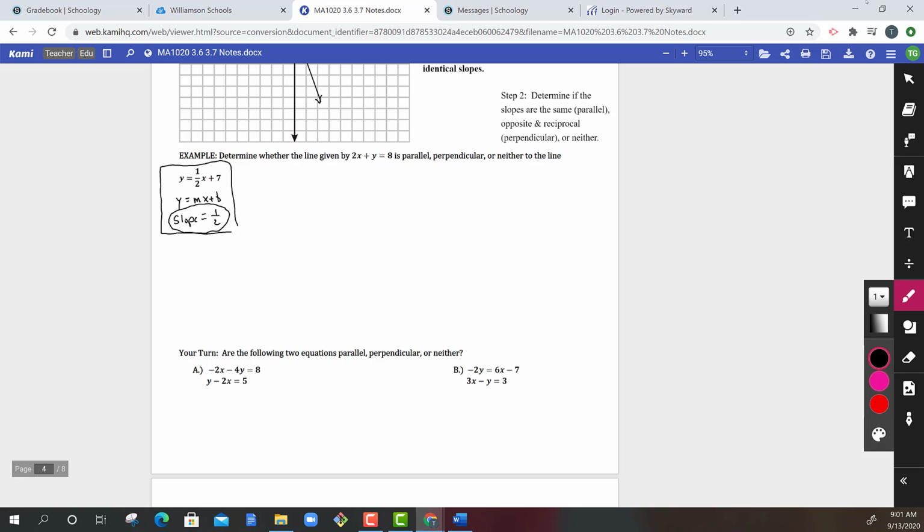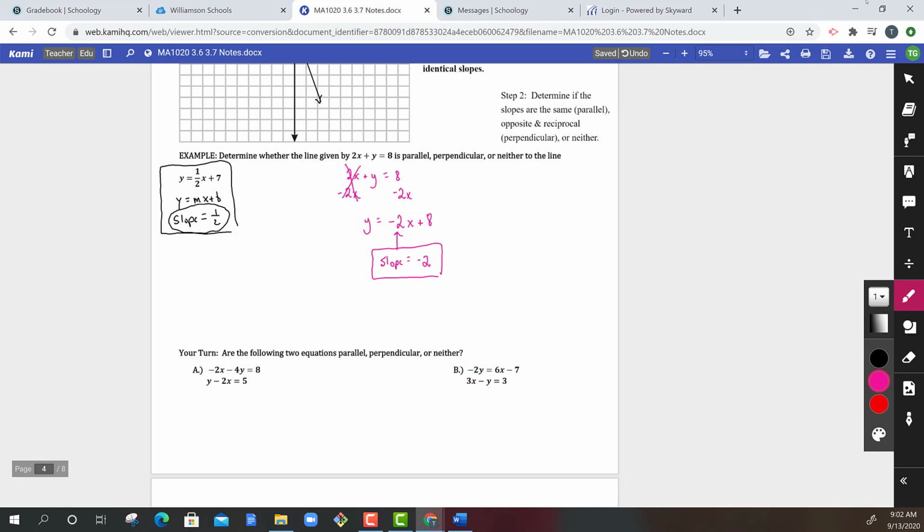The other one, we need to solve for y. This one's pretty simple because there's not a number other than 1 in front of the y variable. So all we have to do is subtract 2x from both sides. And then we see pretty quickly the slope is right there in front of the x term, so the slope is -2.